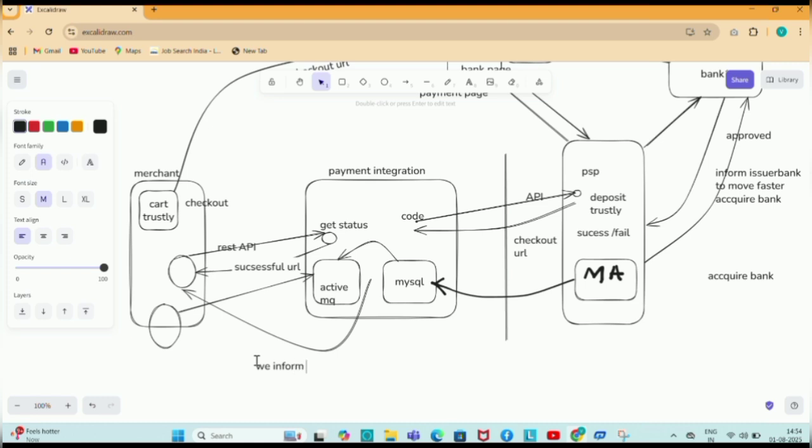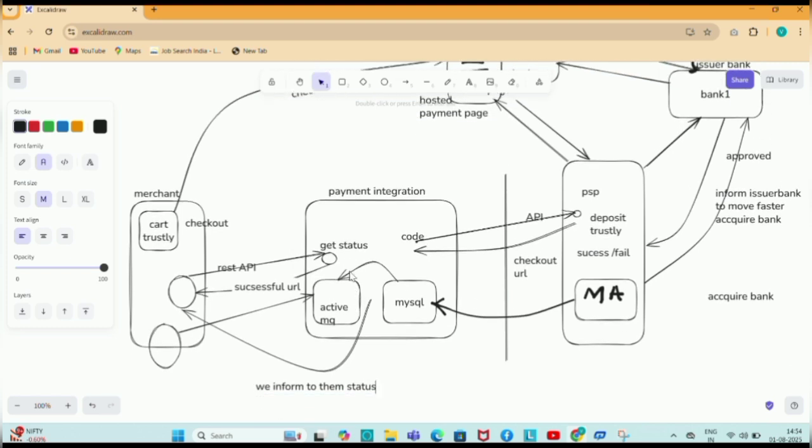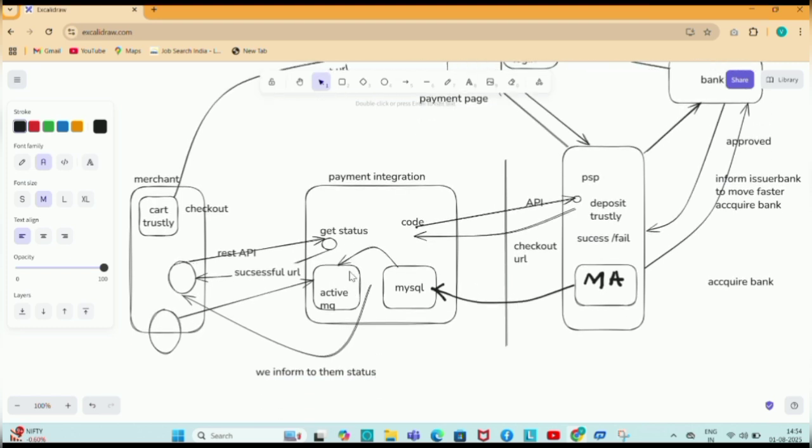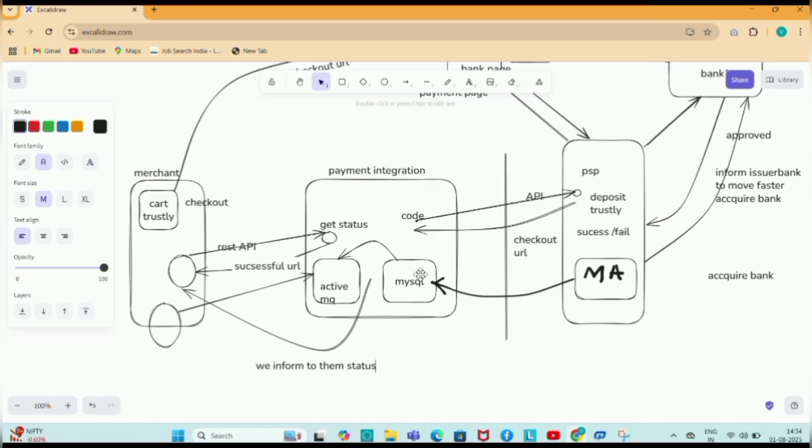So here it informs about the status, success or failure. It is a notification of payment status.